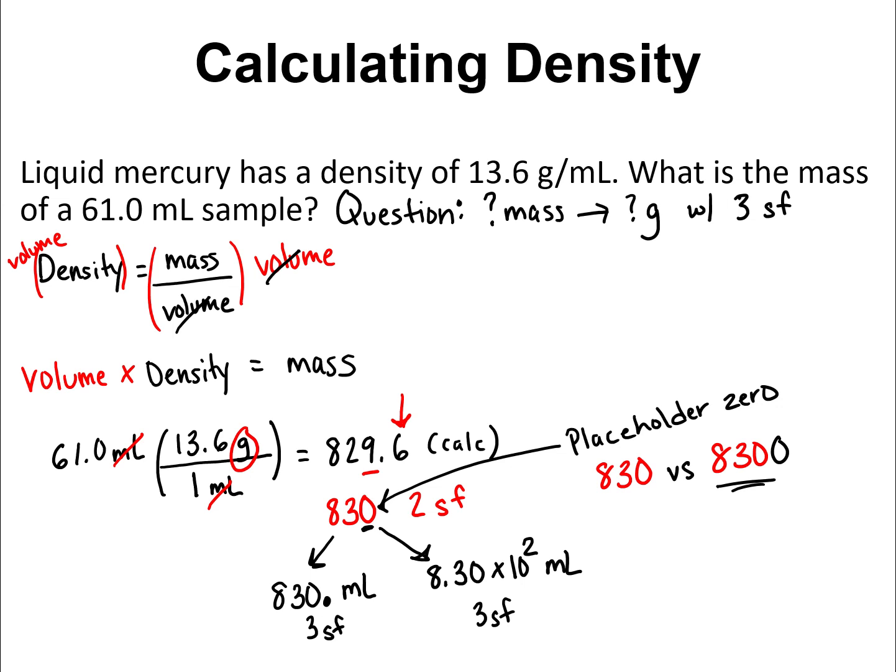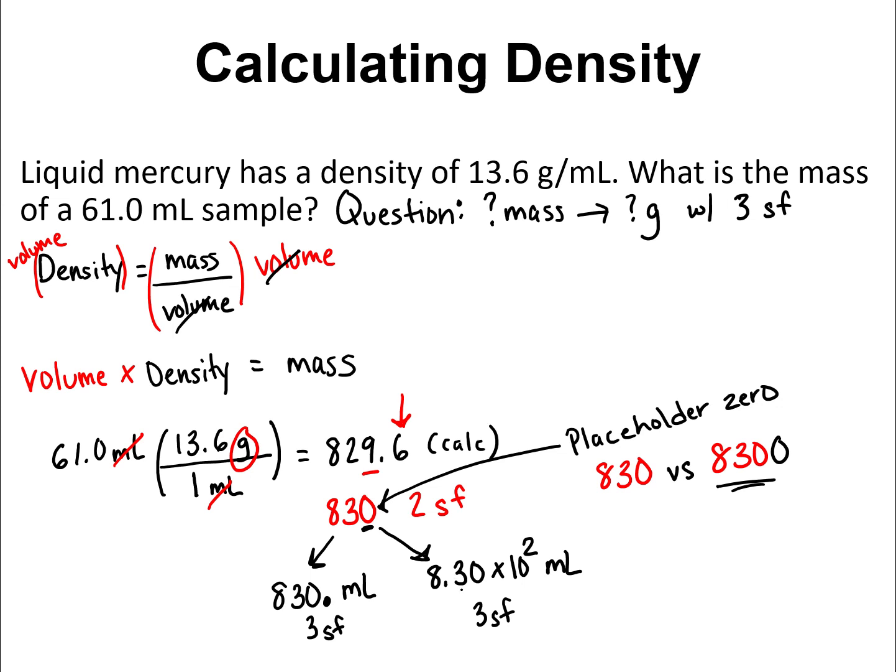It's no longer 830, it's now 8,300. So, we have two options. The decimal point adds on significance. So when you have a decimal number, then all three of these digits, the 8, the 3, and the 0, are significant.